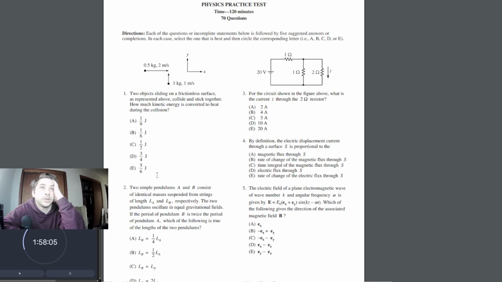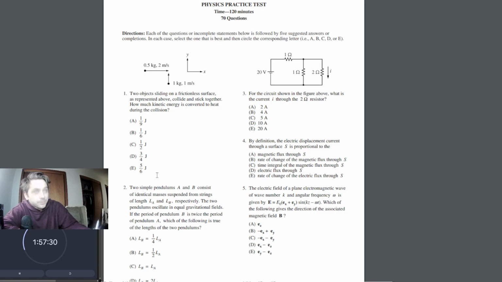2 ohm resistor. I'm trying to remember all of IRV. I equals V, voltage equals IR.